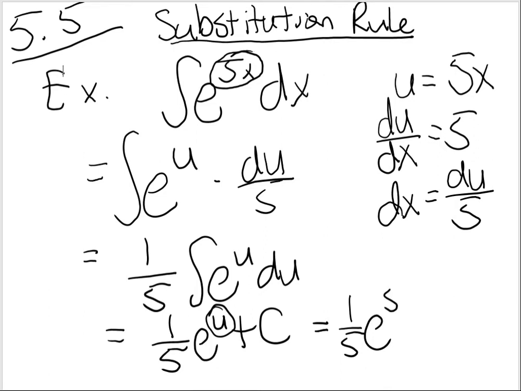You'll get 1/5 e to the 5x plus c. And that's how these ones work. They're called u subs. Okay, so let's do another example.